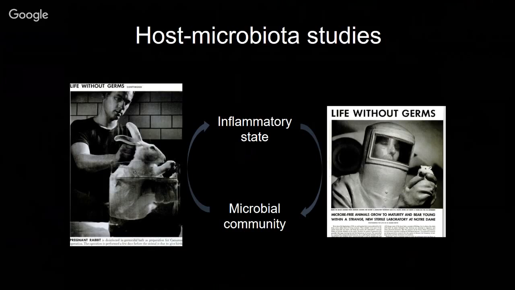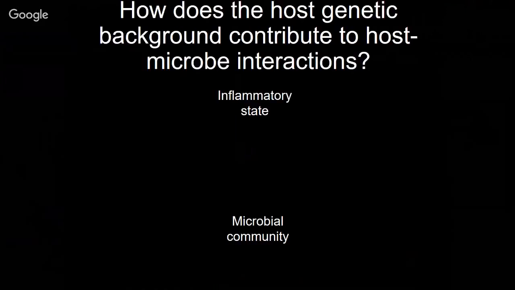We've gone away from these animals that have natural genetic variation, and we've started using inbred animals, and that makes sense if you're trying to control for genetic background. But if you're trying to determine which genes are responsible for these interactions, or if you're trying to determine the relative role of different genes in the interactions between the host and microbes, then it makes sense to use an animal model that has some genetic variation.